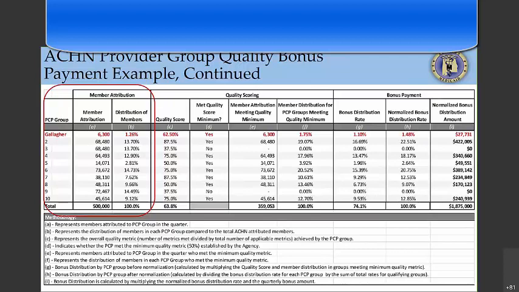But in this particular example, you can see our practice, Gallagher, in column A with 6,300 members and the distribution of members as noted in the flow chart. You can see how the rest of the practices are calculated based on their member attribution as a percentage of the total statewide attributed members.